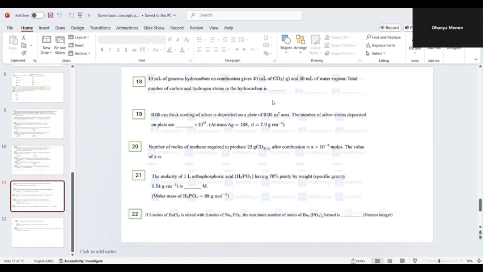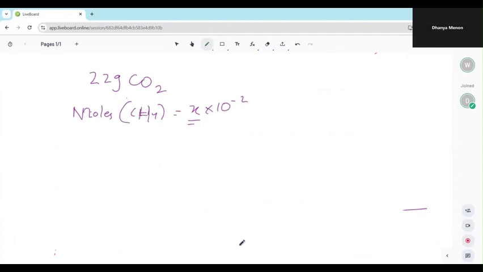So this is yet another combustion reaction. Students, you can see methane, the formula is CH4. It is made up of only carbon and hydrogen. Okay. So it is a hydrocarbon, CH4. So it's a hydrocarbon made up of only carbon and hydrogen. So when you are treating methane with oxygen, whenever the combustion of hydrocarbon takes place in excess of oxygen, it gives you carbon dioxide and water.